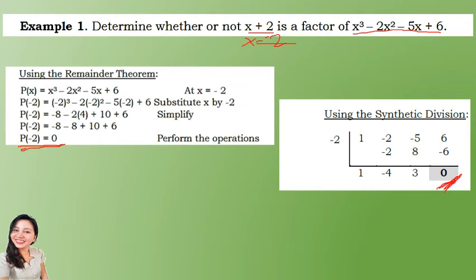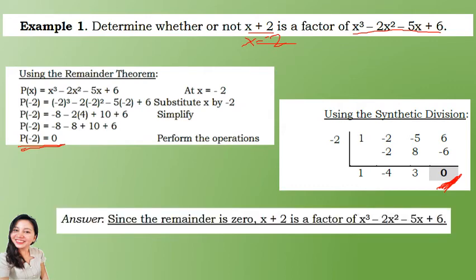Pero masayop ka mag-solve, di na sila magtakdo. So, dapat, di mo masayop. Okay, so the remainder is 0. Therefore, since the remainder is 0, x plus 2 is a factor of x cubed minus 2x squared minus 5x plus 6. Nakuha. Okay, good.